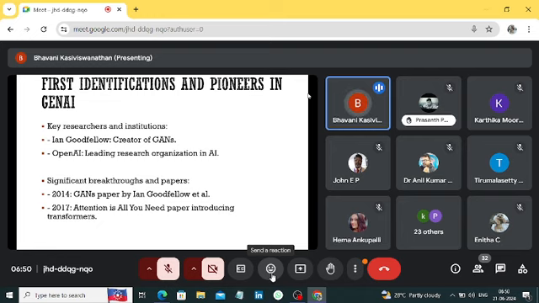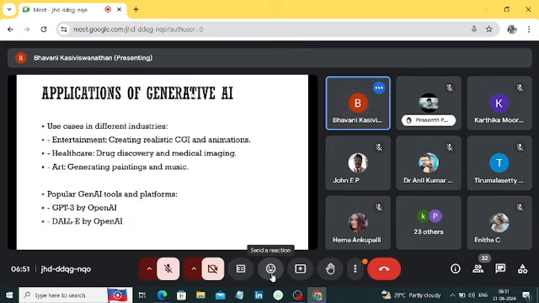The Attention Is All You Need paper introduced transformers, which mainly defines how ChatGPT works. Not only ChatGPT, we have Gemini, we have Bard, and in future Google is going to integrate AI models in their search engine itself.